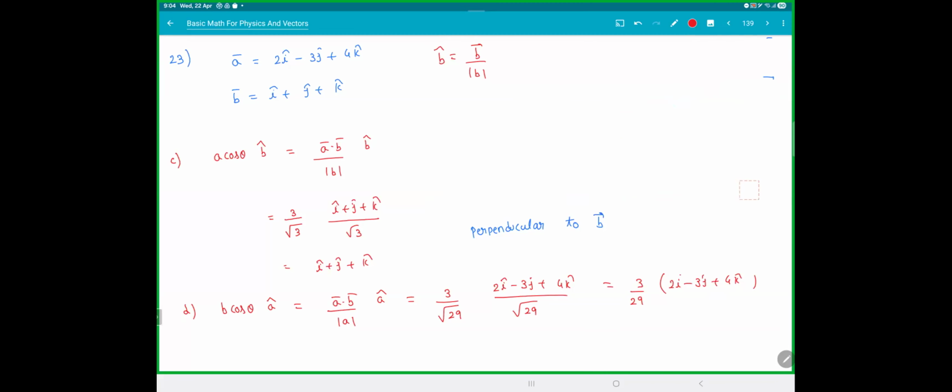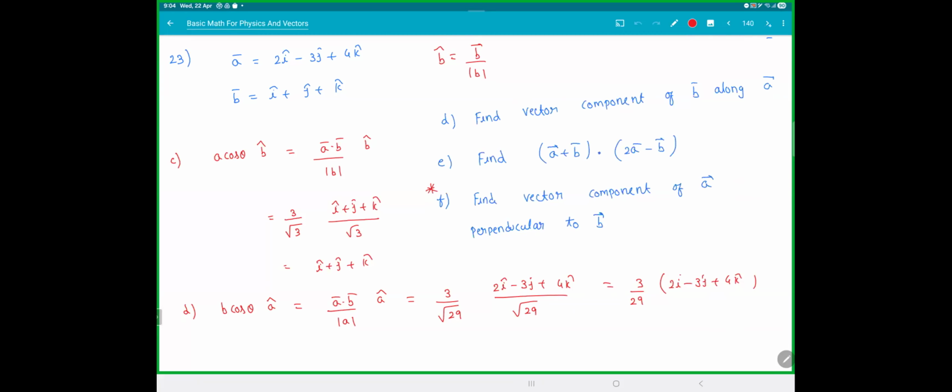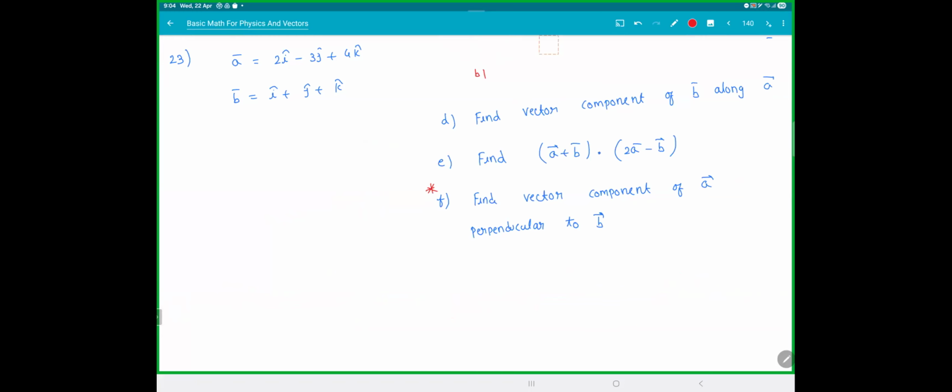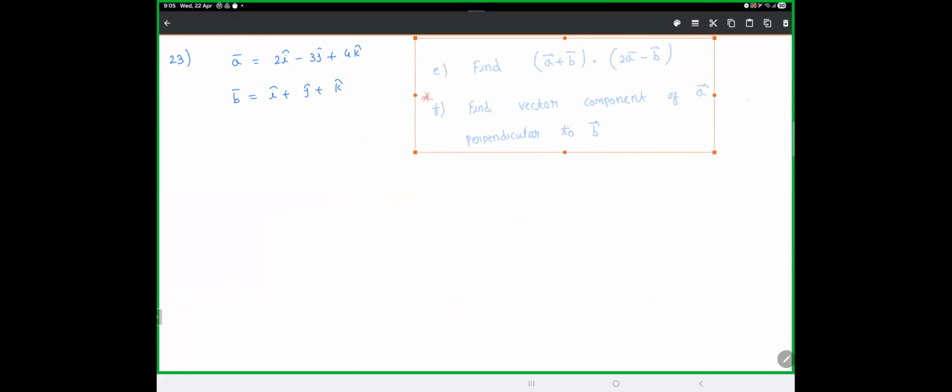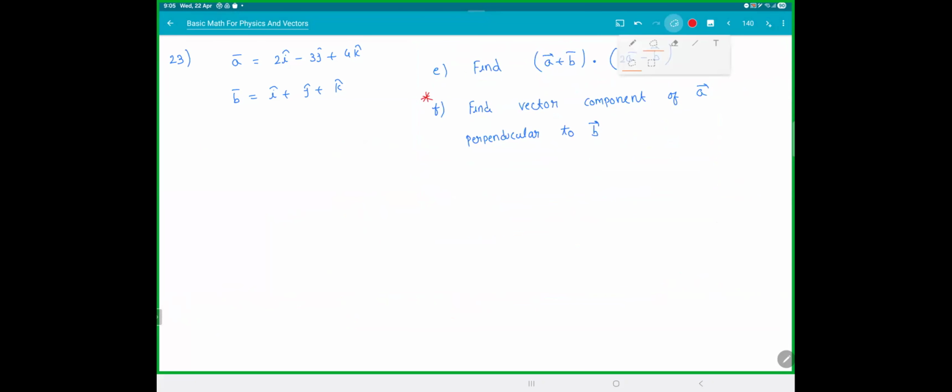Let's see the next two. Find A plus B bar dot 2A minus B bar. Okay, let's see.